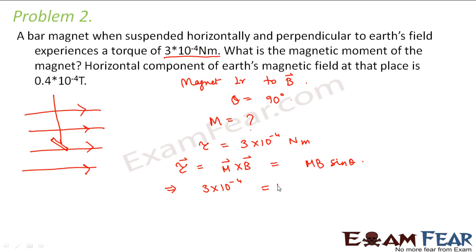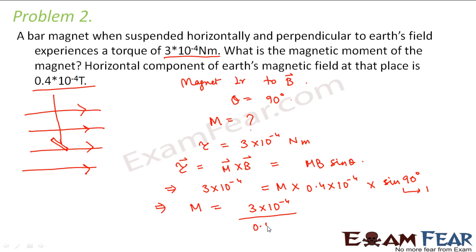This is equal to M, which we have to calculate. What is B? B is the Earth's magnetic field, and it is given that the horizontal component of Earth's magnetic field is 0.4 into 10 to the power minus 4, into sine theta, that is sine 90 degrees, which is equal to 1. So from this we can say that the magnetic moment would be equal to 3 into 10 to the power minus 4 divided by 0.4 into 10 to the power minus 4.